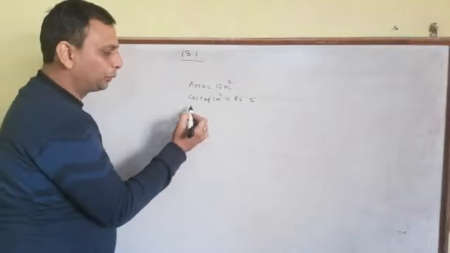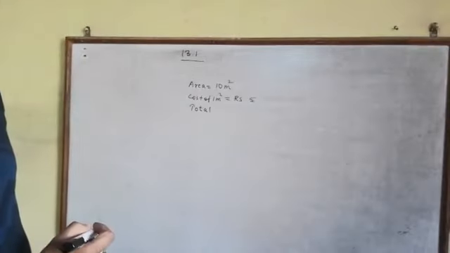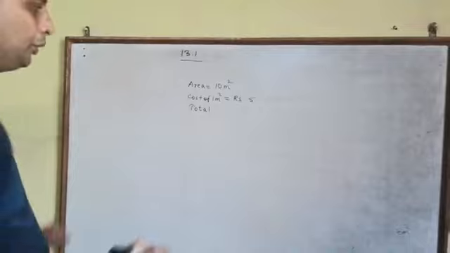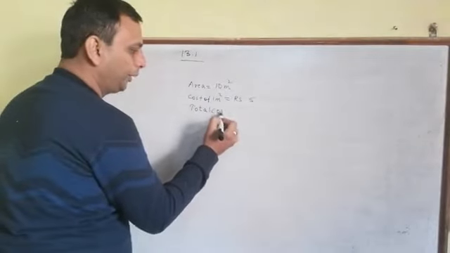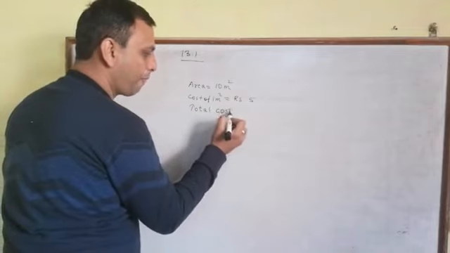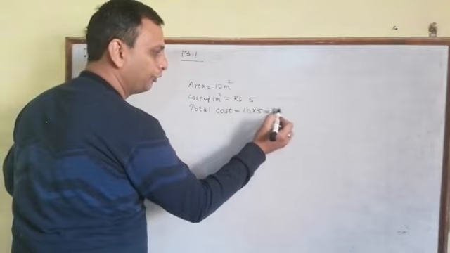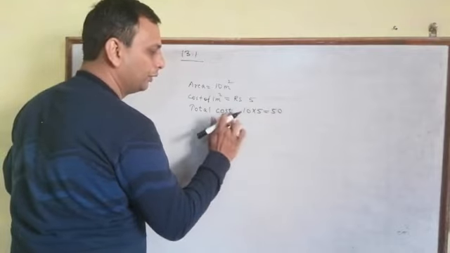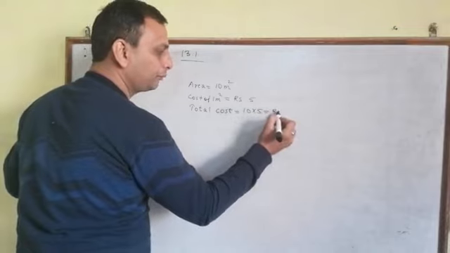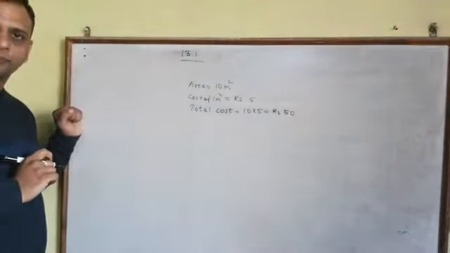So the total cost will be 10 multiplied by 5, 50 rupees. 50 rupees is the total cost.